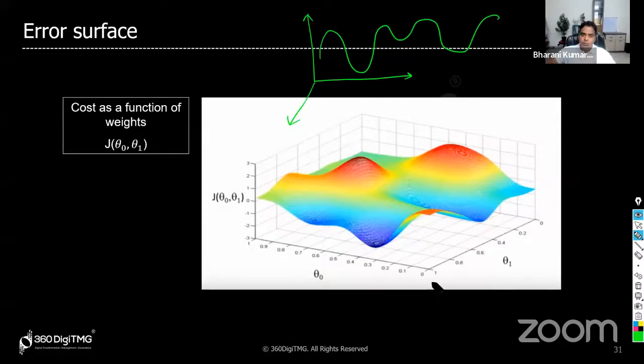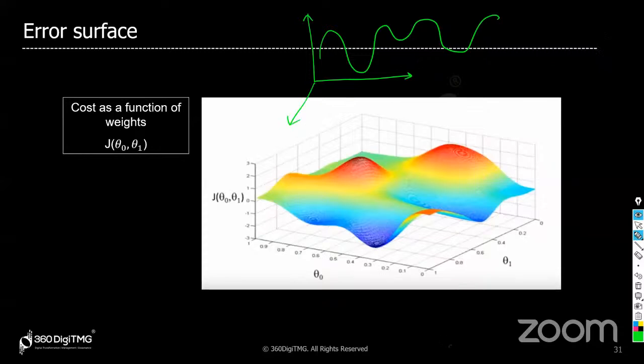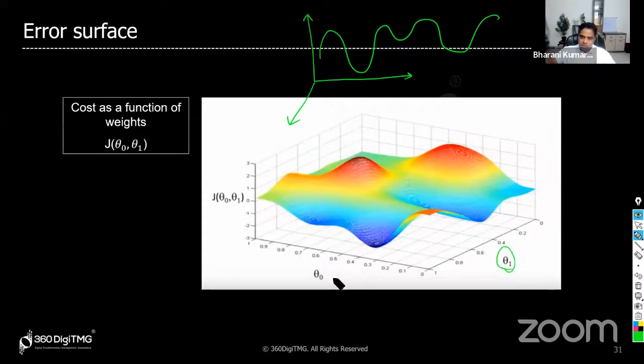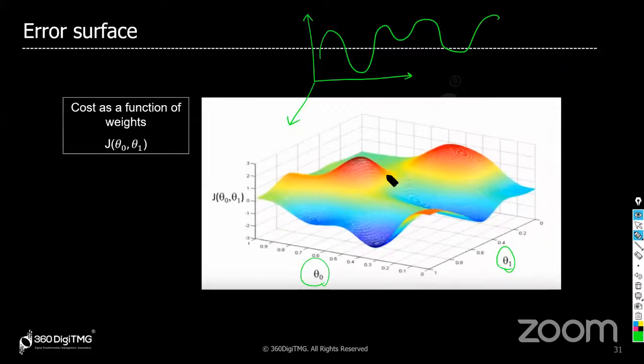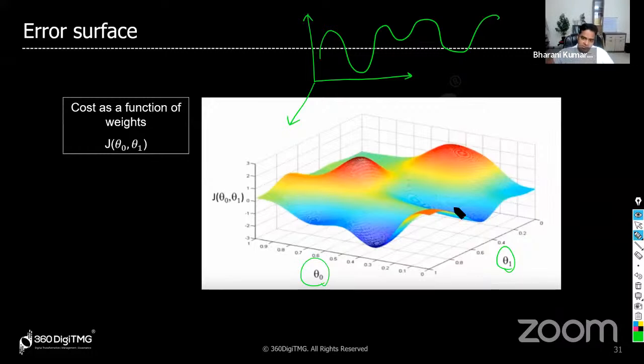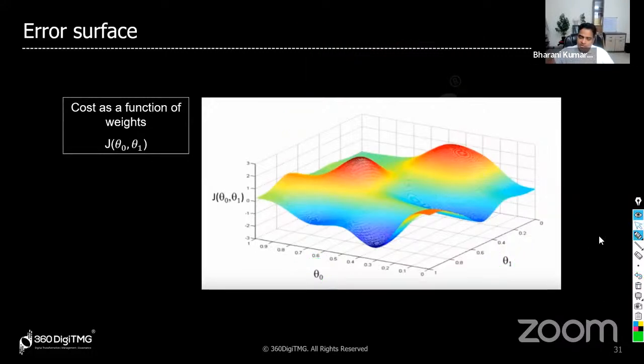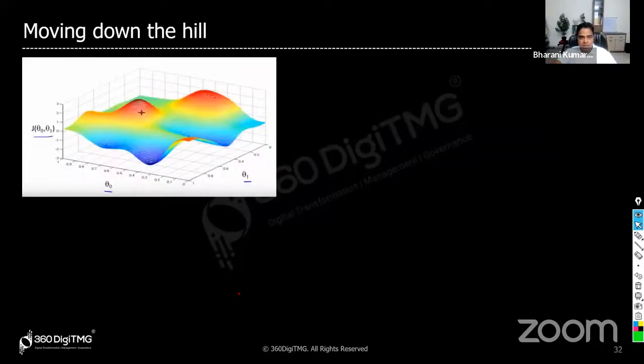But if you have two inputs, two weights, these are like W1, W2 in that way. Then the error surface will look like this in two-dimensional space. And cost is given using J, cost or loss. That's how it is represented.